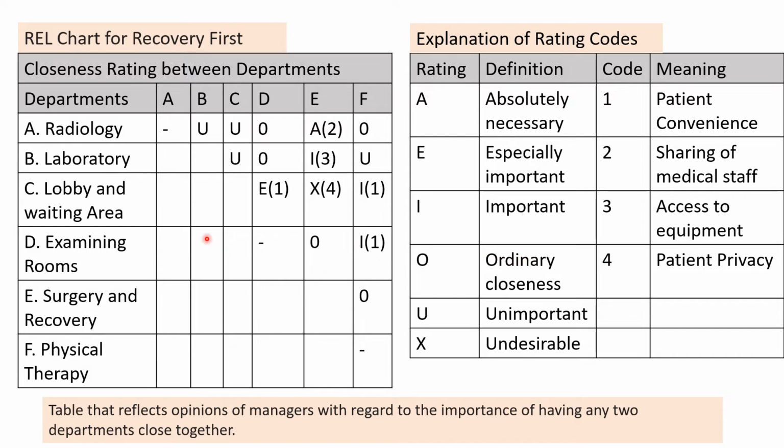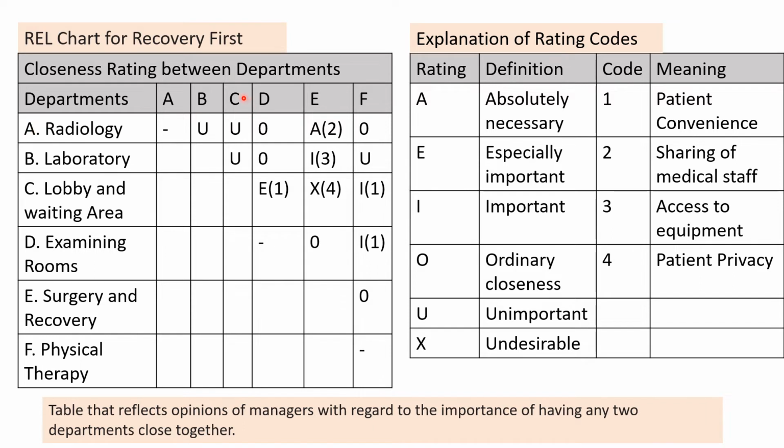Now let's go back to the relationship chart for Recovery First. The closeness rating between departments: here are the departments A, B, C, D, E, F. There are 6 departments, and A, B, C, D, E, F also here. So A, radiology, has a relationship with B that is explained with U. U means unimportant, not as such important.